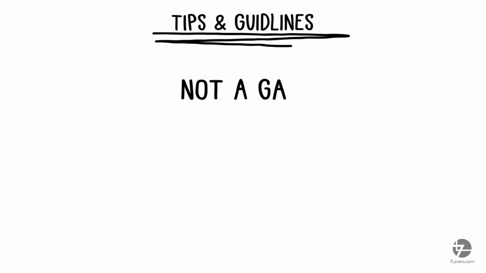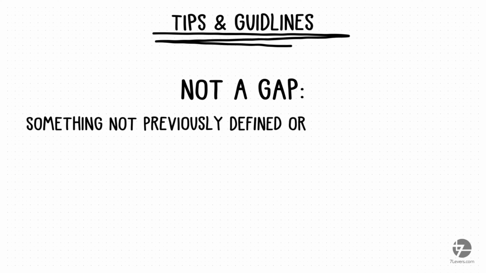Things that are not a gap. Well, that's something that you haven't previously defined or where you weren't doing anything at all. So if you find a lever, and these very often are the same thing, if you find a lever that you hadn't previously identified, and prospects is very often a lever that people haven't previously defined, then you're unlikely to be doing anything to improve your prospects lever.